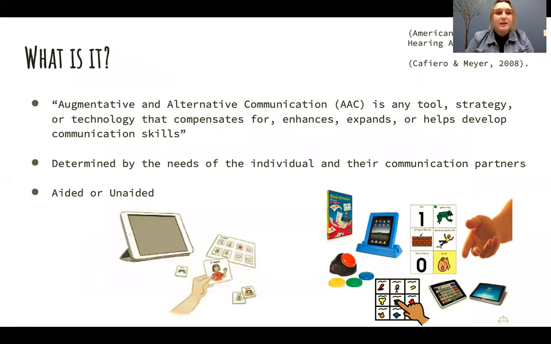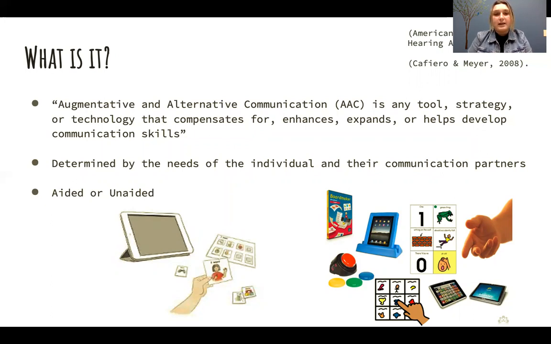So, augmentative and alternative communication, or AAC, is any tool, strategy, or technology that compensates for, enhances, expands, or helps develop communication skills. Augmentative communication is when you add something to what you already have to get your point across, so like using gestures.